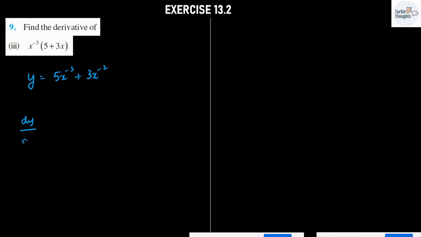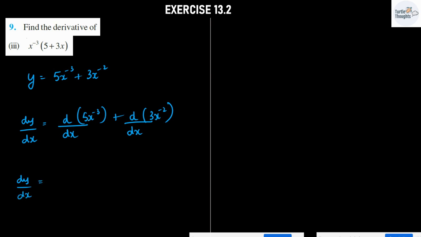dy by dx is going to be the differential of 5x raised to the power minus 3 plus the differential of 3x raised to the power minus 2. dy by dx can be written as the differential of 5 multiplied by x raised to the power minus 3, which can be solved by the power rule.